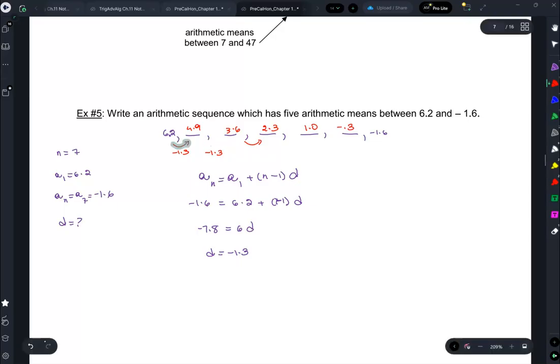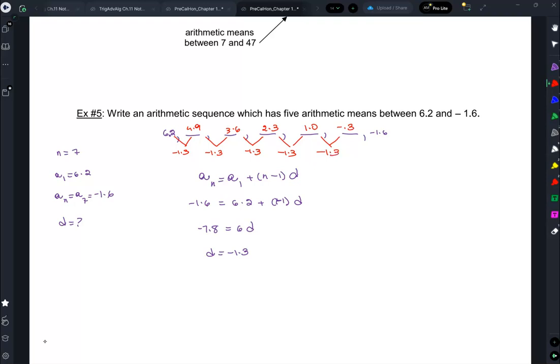If I do it this way, the difference is negative 1.3, negative 1.3, negative 1.3, for all of these. We call this the first difference because when you take a difference the first time, it's all negative 1.3. So we say the first differences are the same.